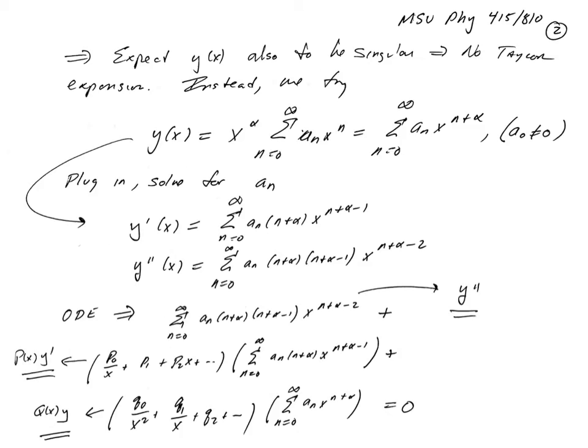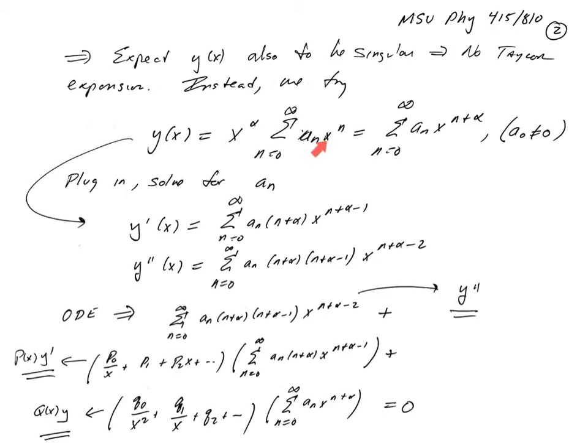Now, because the coefficients in the equation are singular around the point x equals 0, we expect y to be singular as well. So we don't expect there to be a Taylor series expansion, but as we argued last time, instead we can try something that's very close to a Taylor series expansion. Let's try y of x is some power of x, x to the alpha, times an ordinary power series expansion, sum n from 0 to infinity, a n x to the n.